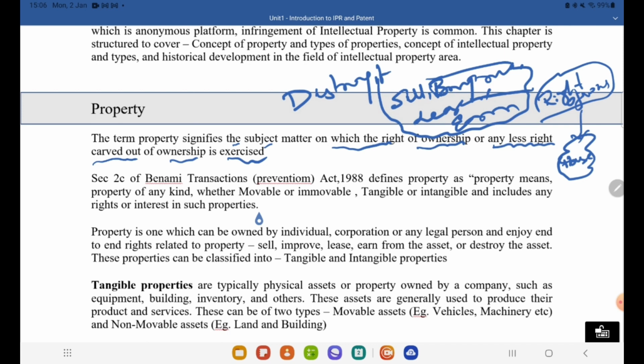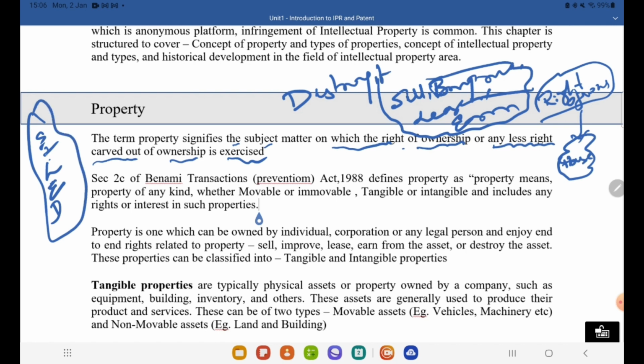So I have complete ownership. Not only that, what this line says here is any lesser rights carved out of this entire bundle: sell, improve, lease, earn interest or revenue, or destroy.